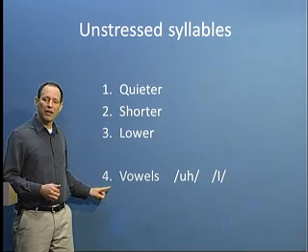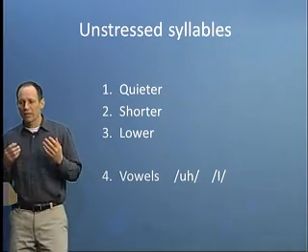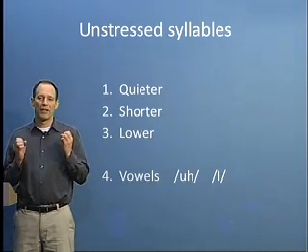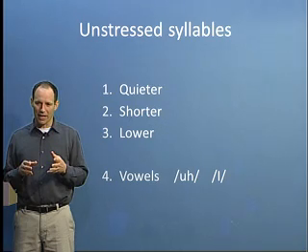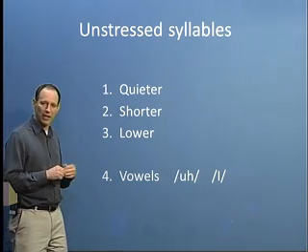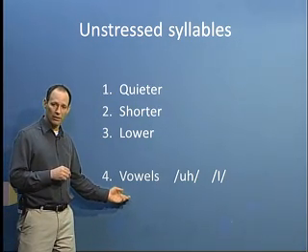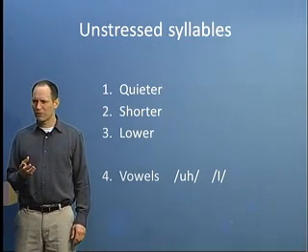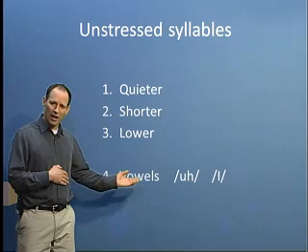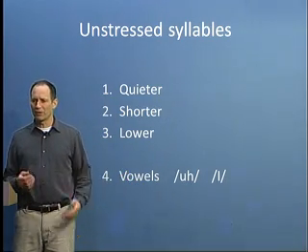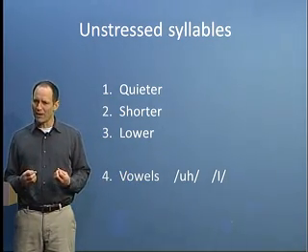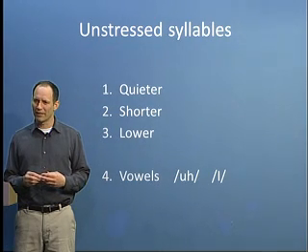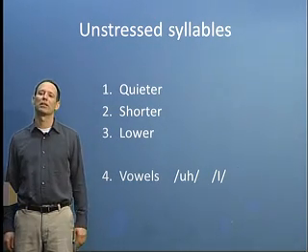Another thing about unstressed syllables is we often change the vowel sound. A lot of times the vowel sound we change to uh or ih. If we think of those two vowel sounds, especially uh, those are the easiest vowels to make. To make the sound, you just completely relax.